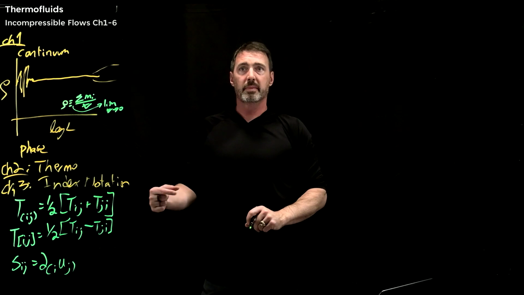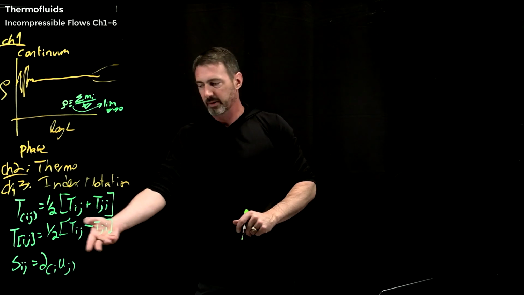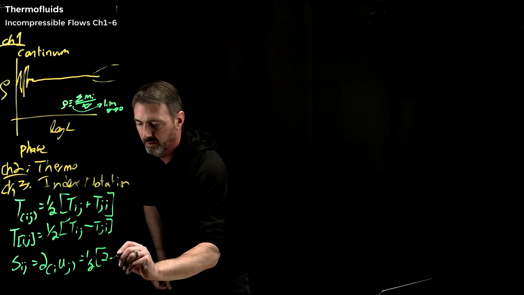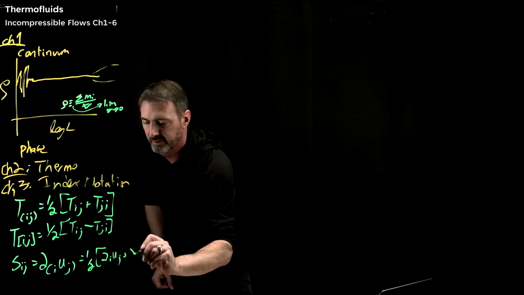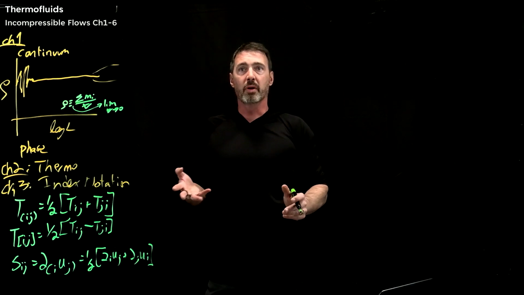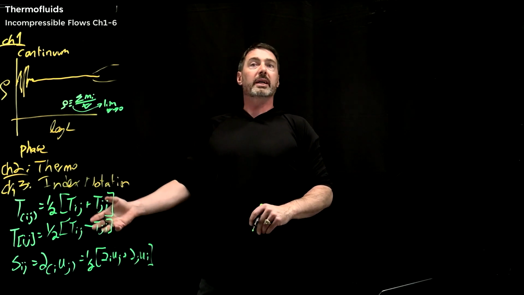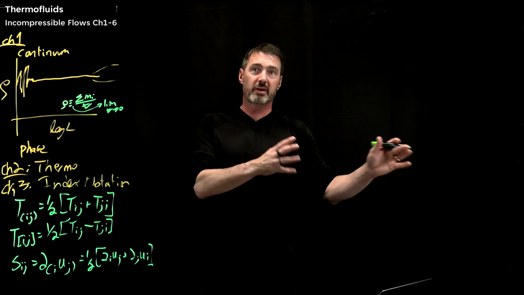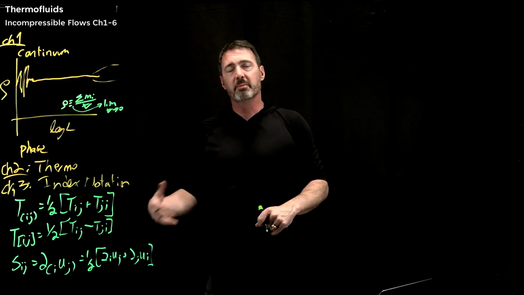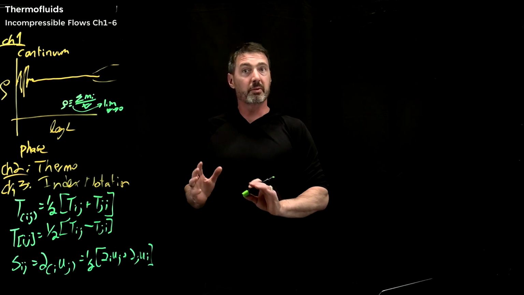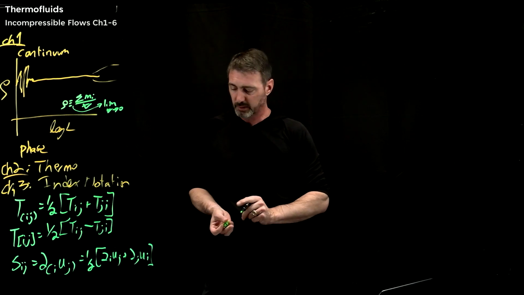If you write that out, it would be 1/2 of del i uj plus del j ui. That's important, and when we're incompressible, and we're going to finish here by talking about viscosity, you'll see how it simplifies things. But this is actually the strain rate tensor, and it's an important part of what we're doing.